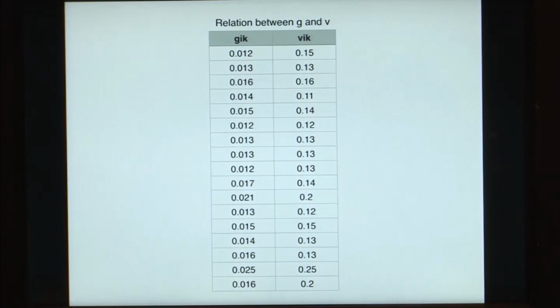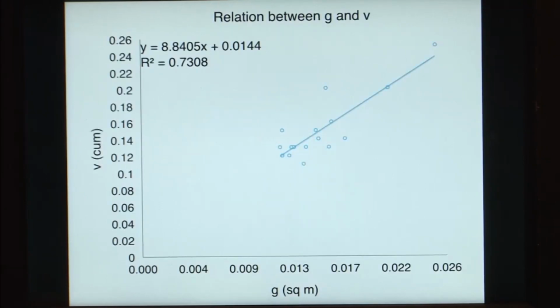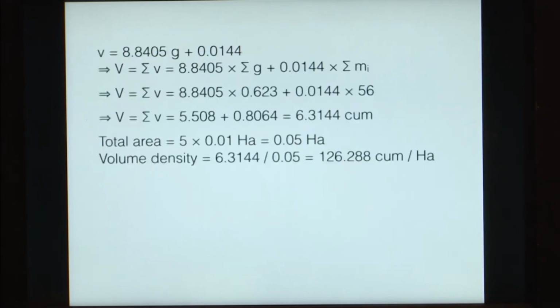Now, coming back to the slides. We took these values of G and V, then we plotted them together to get this curve and to get this regression equation. So, this is our regression equation, y is equal to 8.8405 G plus 0.0144.